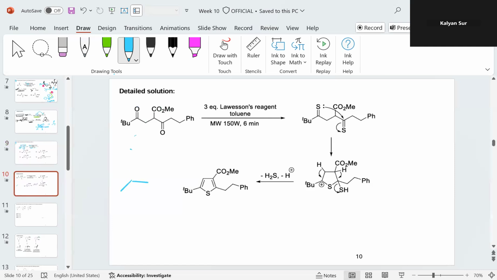Whenever we have any keto group in the presence of Lawesson's reagent, this keto group converts into the functional group C double bond S. That's the key mechanism in this reaction. We have three equivalents of Lawesson's reagent. If you look at our starting material, there is one keto and the two keto, so both keto groups convert into the C double bond S group.